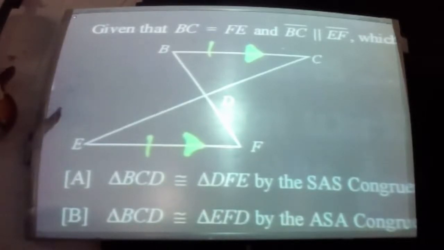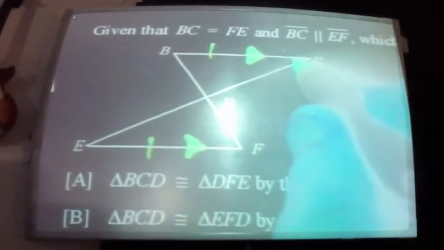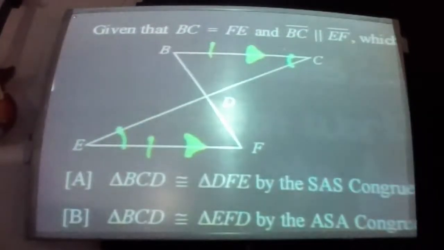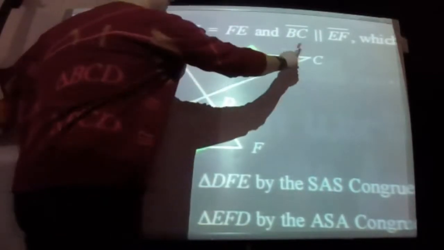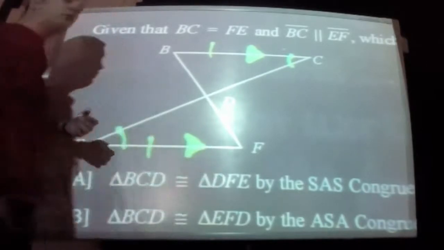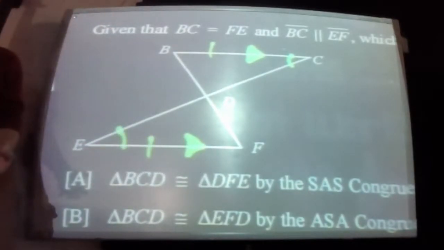Okay, so what are the angles? On this one, you could just say angle C, if you're talking about the top right, angle C, which is congruent to angle E. Those are alternate interior angles.